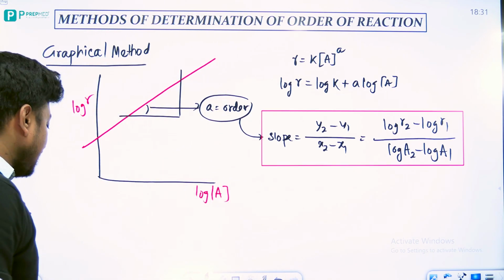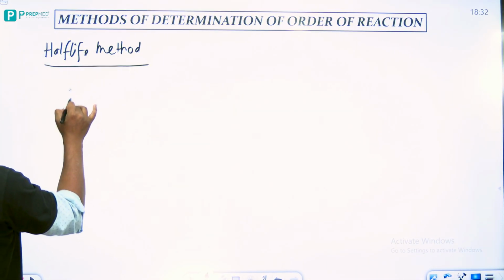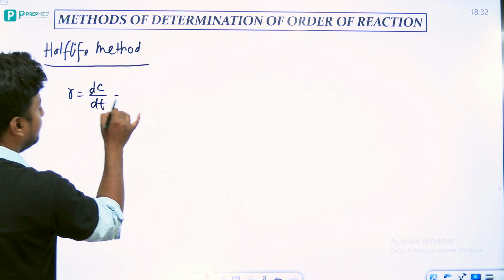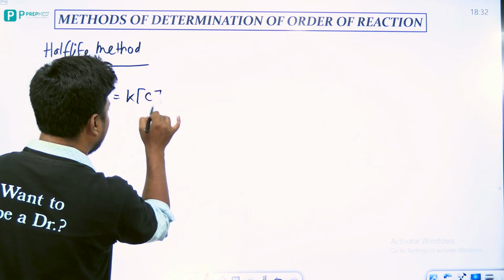And the last method is called the half-life method. This is very simple. Now let's say I have an nth order reaction, suppose r is equal to dC by dt is equal to rate constant into concentration C to the power n.